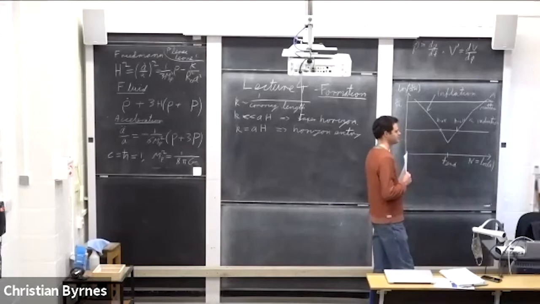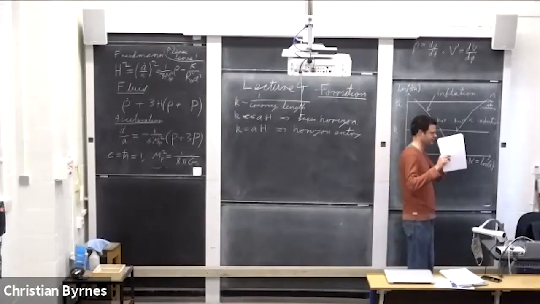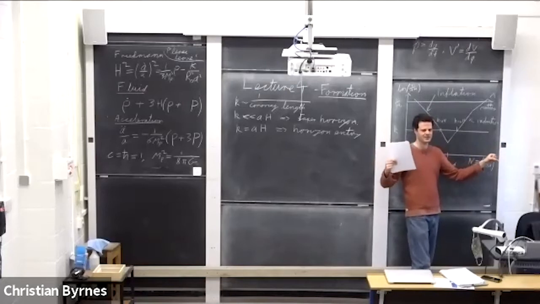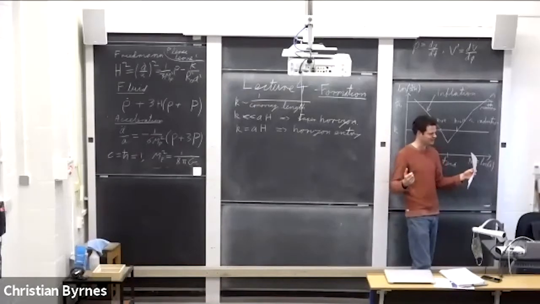Co-moving scales are constant, but the distance between two co-moving observers, so two observers both moving with the expansion, is a conserved quantity, as long as you're talking about co-moving scale and not physical scales, because the physical scale is growing, of course, with the expansion.